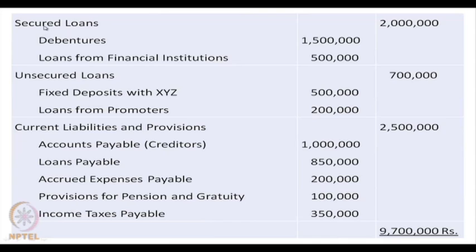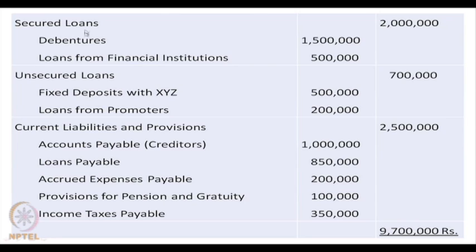Then apart from these owners' equity, there are liabilities that the company owes to outsiders. These are the loans that the company has taken from financial institutions and from the general public in the form of bonds and debentures. So, that could be 1,500,000 rupees, and loans from financial institutions could be 500,000 rupees, totaling 2 million rupees.